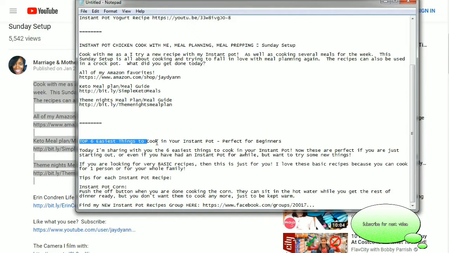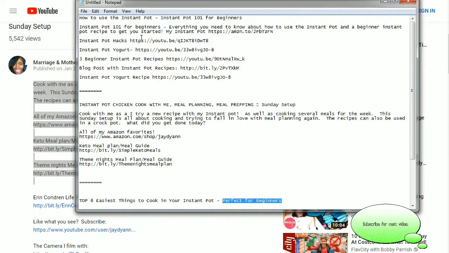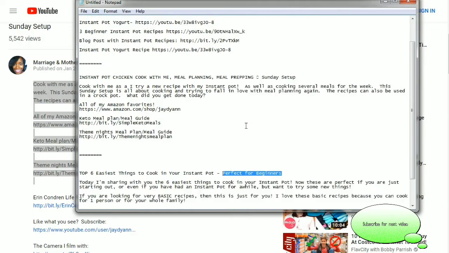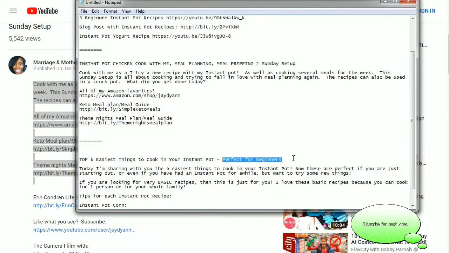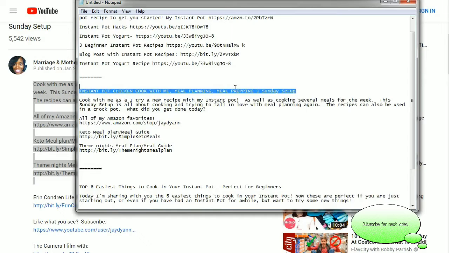So perfect for beginners. So if you can imagine, we already see that this title has beginners. This one's calling out perfect for beginners. And this one essentially is calling out people who are busy. So it's a target audience. So that's key. So having this in hand gives you a better idea on what potential titles and descriptions you can have.